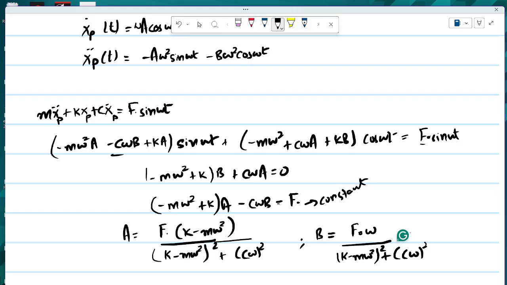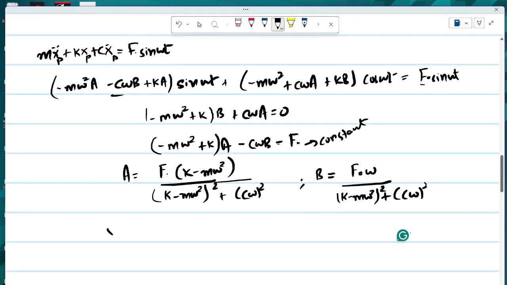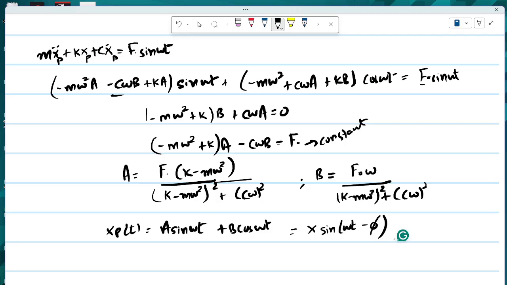This is how you can find the constant values, and you can substitute them into the particular solution. Just recalling, xp of t equals a sine omega t plus b cosine omega t, or you can write it as X sine of omega t minus phi.